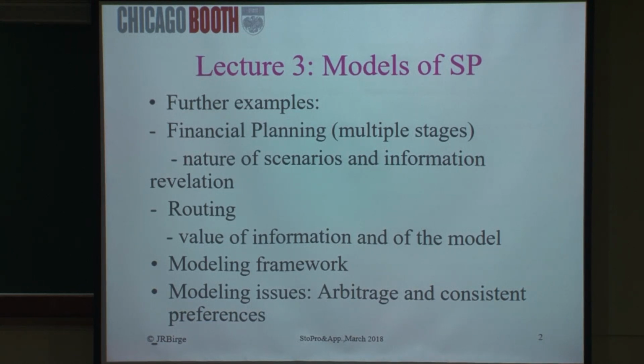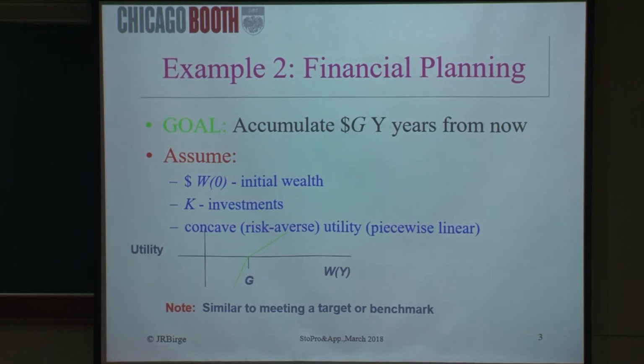here's my first example. So this is financial planning. So we want to accumulate a certain amount, let's say to pay for something, like pay for a house, pay for tuition. So we want to get to G in our wealth, and we want to do it in a certain number of years. So Y years.